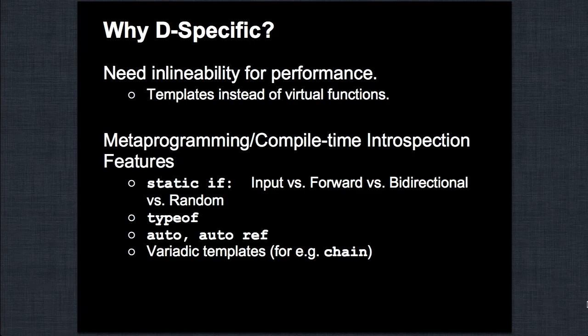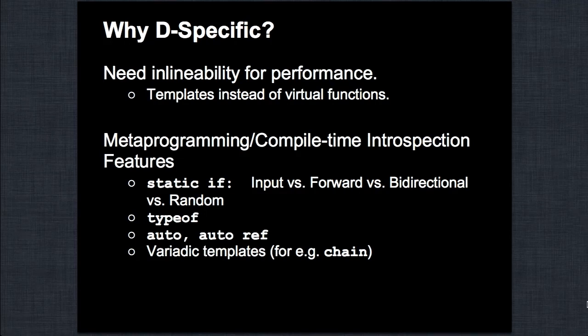We can distinguish between input, forward, bidirectional, and random access ranges, and in our higher order range, we can offer whatever we can support based on what our source range offers. So for example, map is a random access range if and only if its source range is random access. If not, then it goes down to the lowest common denominator, whatever the source range supports.